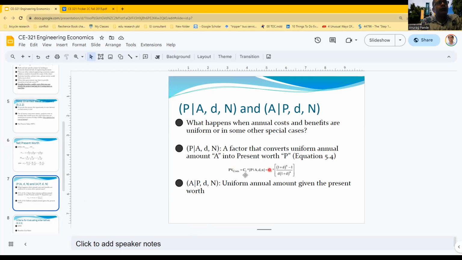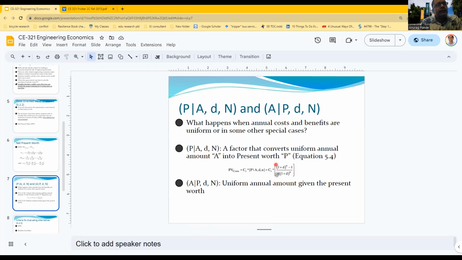So if you have a present value of cost where the Cs are all the same, you can come up with a factor that you multiply by your annual cost. It's (1 plus d) raised to power n minus 1, divided by d times (1 plus d) raised to power n. That gives you your present value given the uniform annual cost. In this case, uniform annual costs A are nothing but C, and you multiply by this factor.